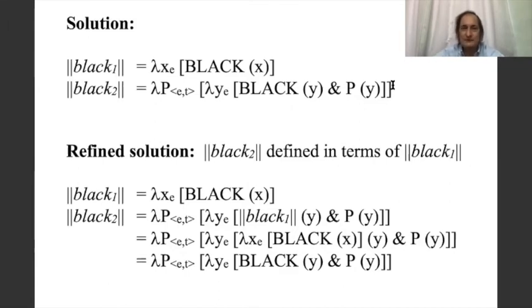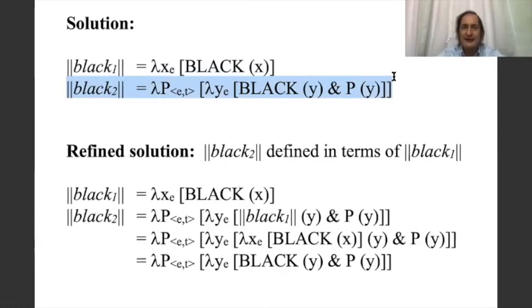What's more, we don't really have to list two different things in the lexicon. We could list one of them, let's say this one, in the lexicon, and add a rule that tells us how to make a new meaning out of it.